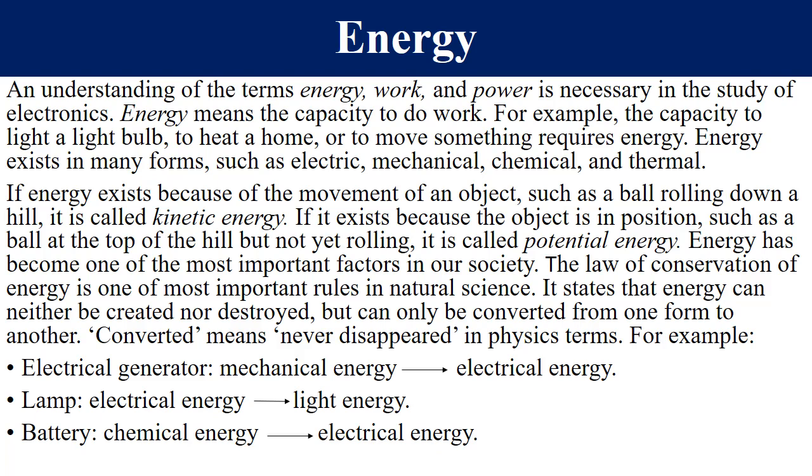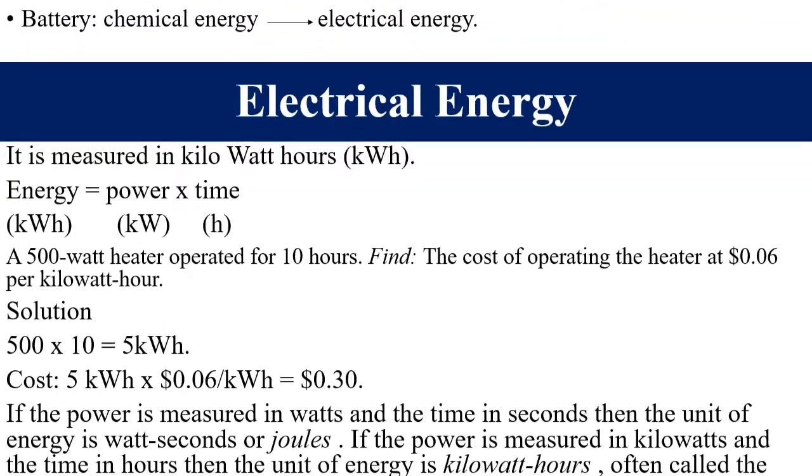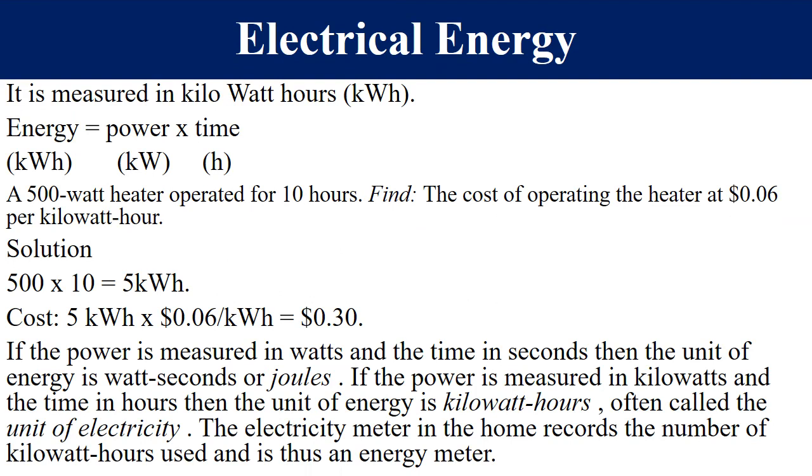That electrical energy comes from, for example, the power utility. Batteries in our laptops, smartphones, and even motor vehicles convert chemical energy to electrical energy. We are now looking at electrical energy in particular, which is measured in kilowatt hours. Kilo is 10 to the power 3.